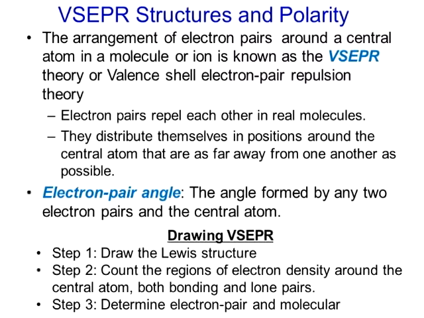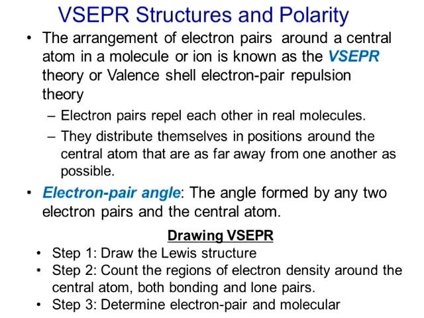Okay? So the VSEPR theory allows us to examine the geometry of molecules and atoms, and as we examine them, we're able to understand more about why they have a dipole in a particular direction.